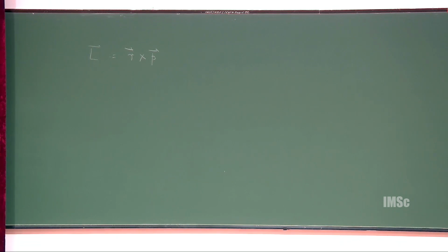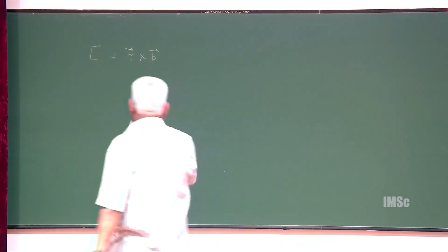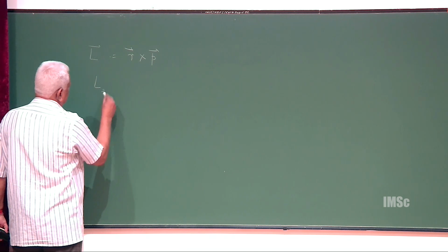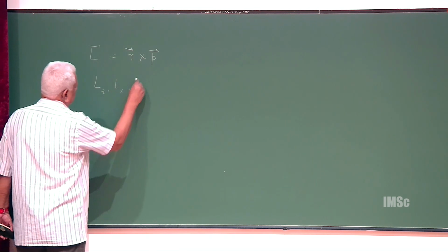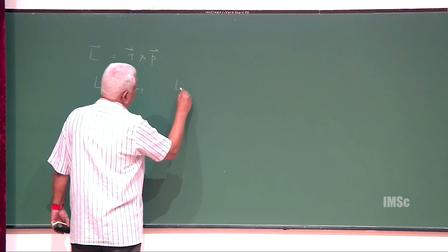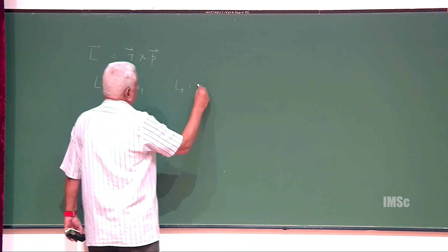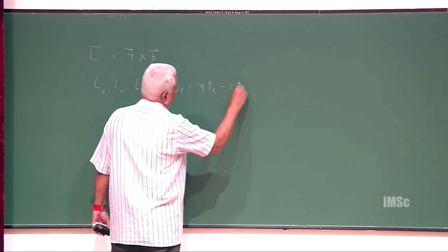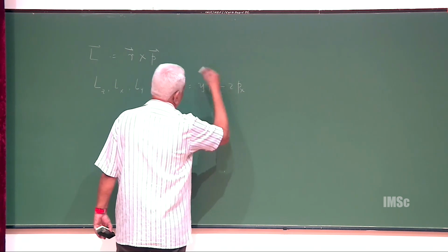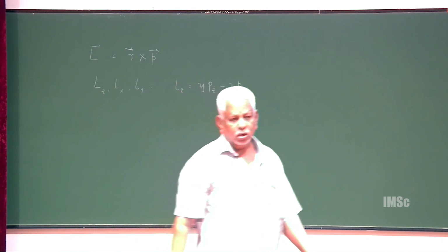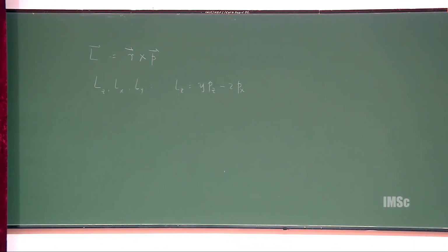Now, this will have 3 components, Lx, Ly, Lz. Lz I will write: Lz will be x py minus y px. These are all operators. I am not putting the caret on top of it. These are all operators. Okay.